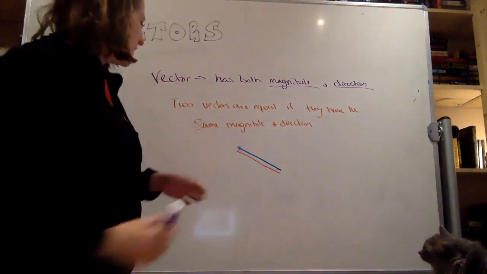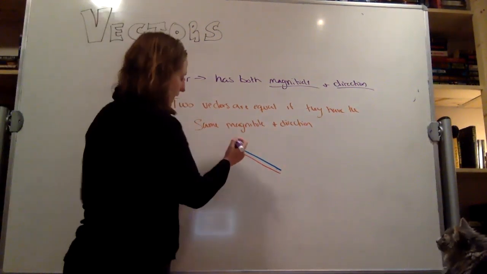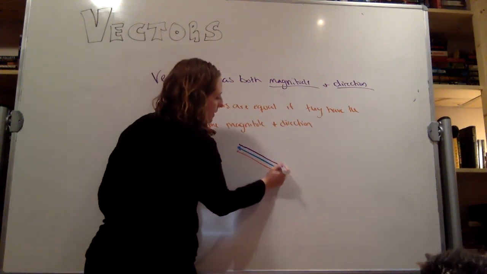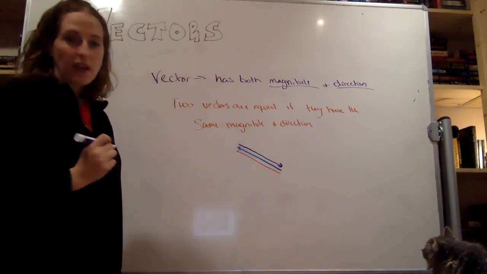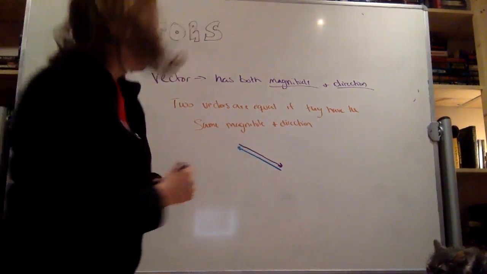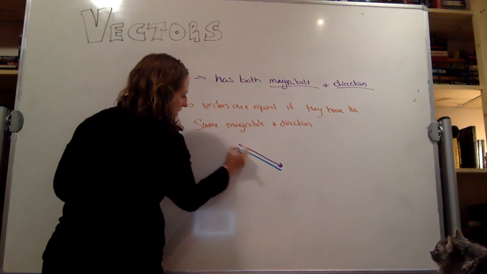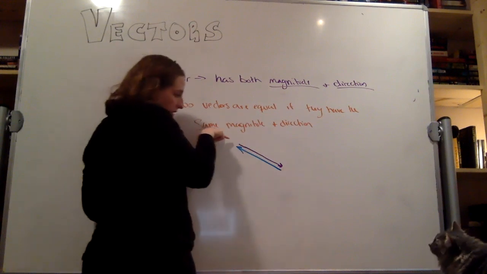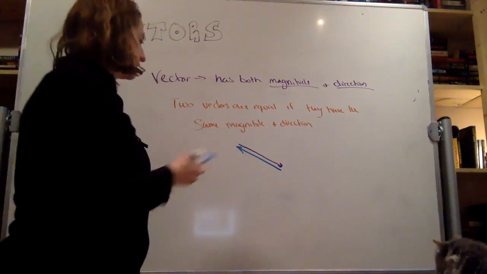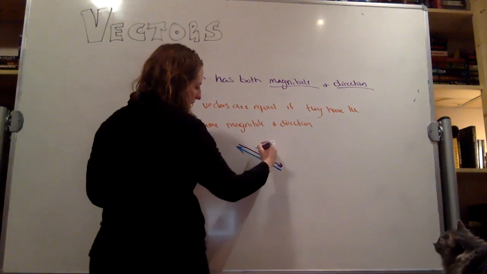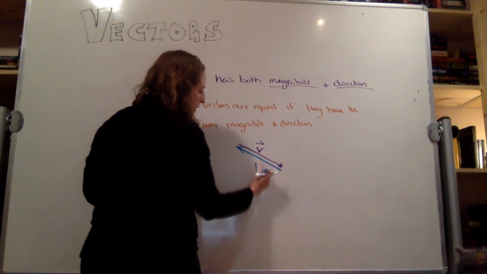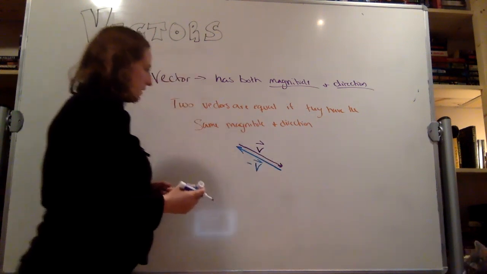Okay? We also think about having opposite vectors. So an opposite vector would be the same length, but it goes the opposite direction. I realize these are a little bit small, but notice my blue vector goes this direction, my purple vector goes this direction. So these are the same magnitude, but opposite directions. If I name this the vector v, so if my purple vector is the vector v, I can think of blue as negative v, okay?